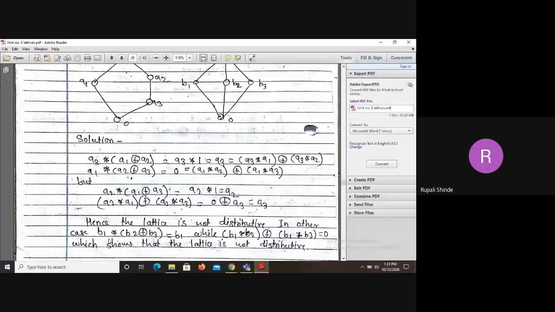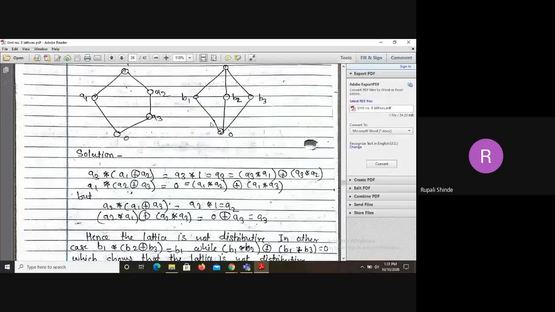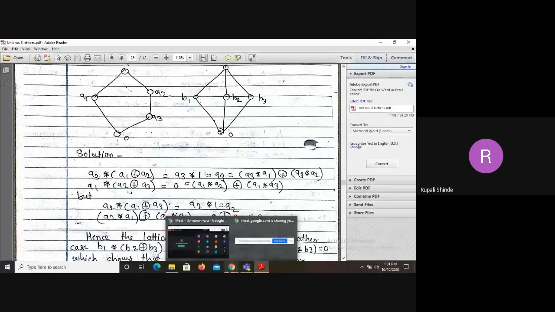So consider B1 star B2. B1 star B2 is what? Greatest lower bound of B1 and B2. So what is the answer for this? What is the value for B1 star B2?